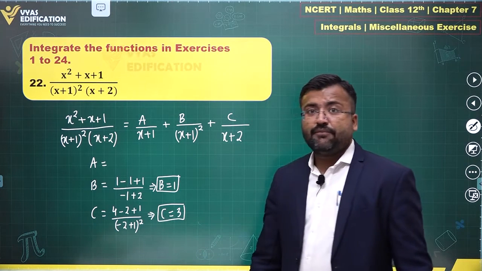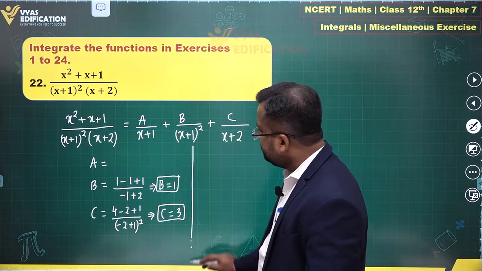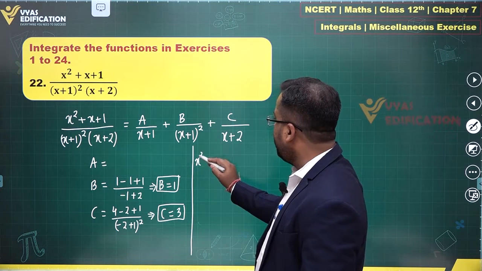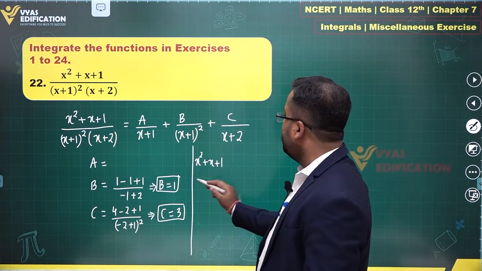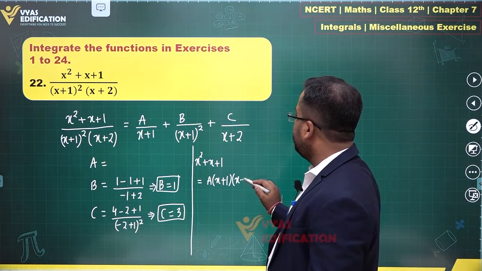Is that okay? Yes. What about the value of a? A can be found by comparing the numerators. That is, x square plus x plus 1 is equal to a times (x plus 1)(x plus 2).